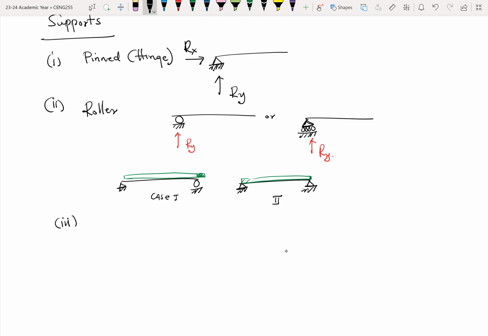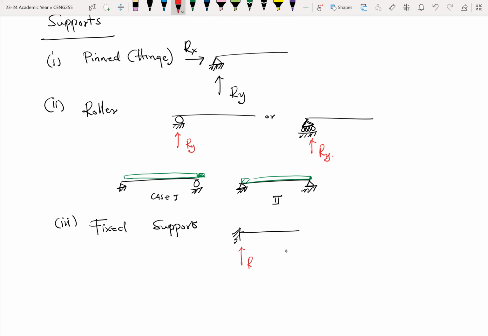Okay. Then we have what you call the fixed support. So with a fixed support, let me just redraw that on this side. Let me just bring it down here. So with a fixed support, it has three unknown reactions.